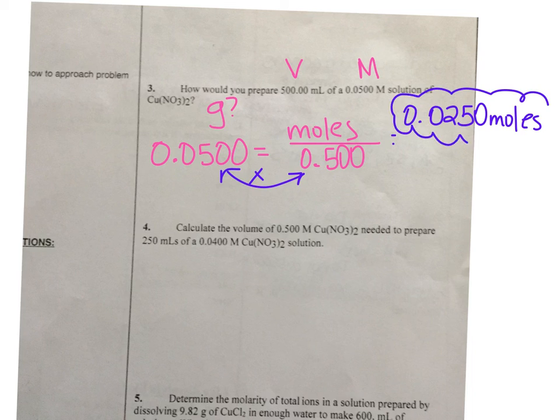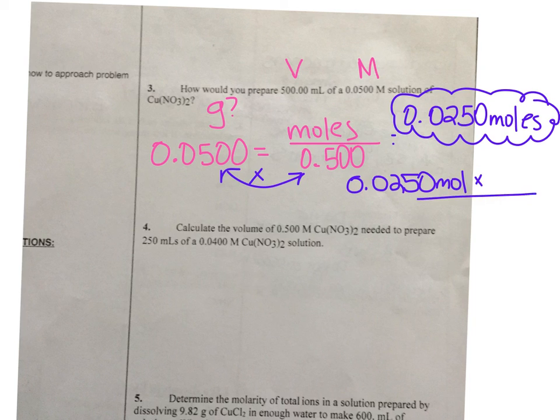Okay, but that's not the answer. We now want to change that into grams, right? So we're going to say 0.0250 moles, and we multiply it by its molar mass, right? Because technically this would be 1 mole to so many grams. So the molar mass, just because we're running out of time, 187.55.